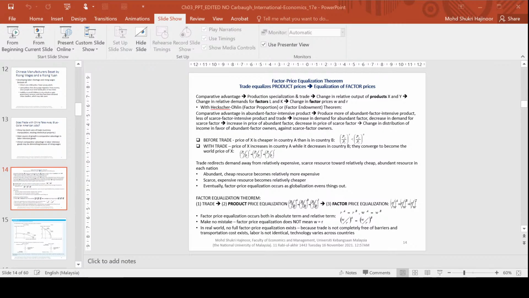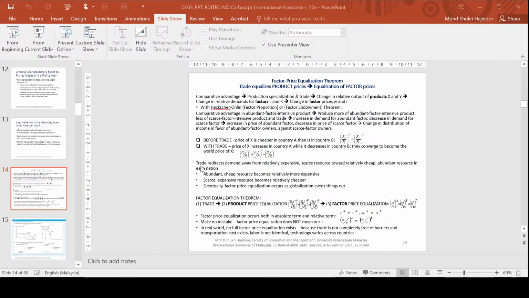So the magnification effect says that product prices change compared with factor prices change. Factor prices increase or decrease even more. Each factor price changes in the same direction, but more than proportionally with the price of the product that uses that factor intensively.